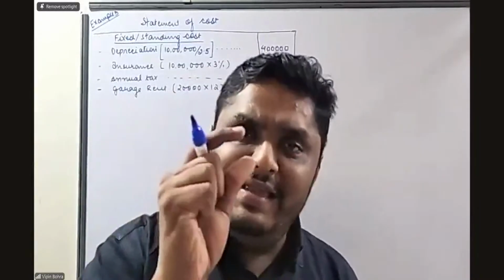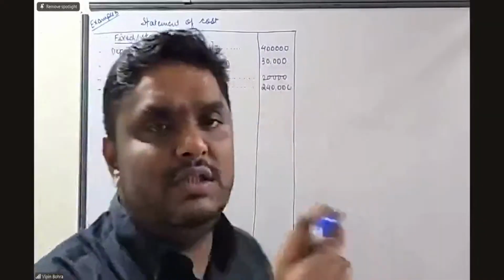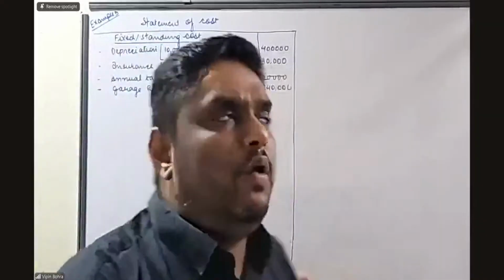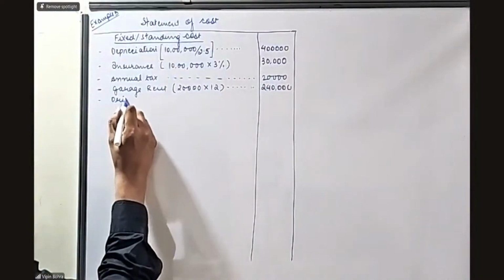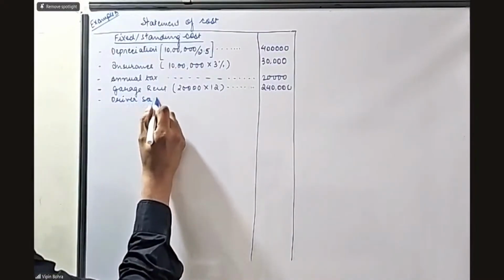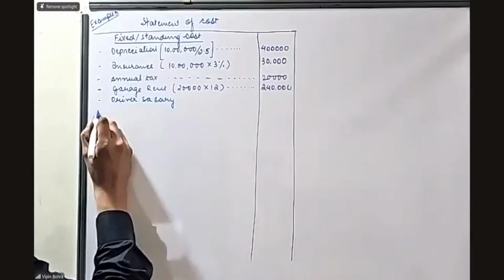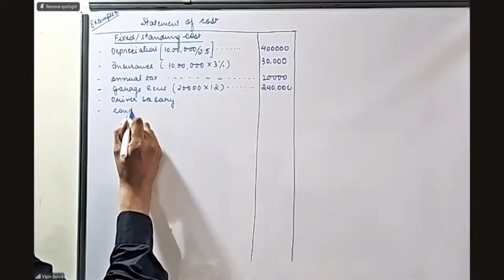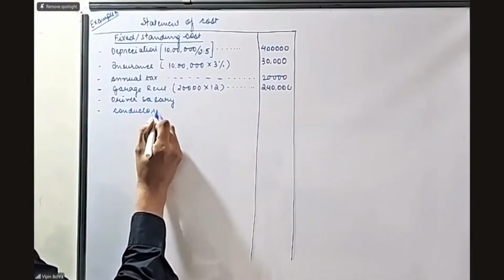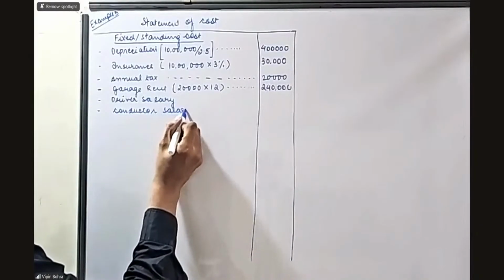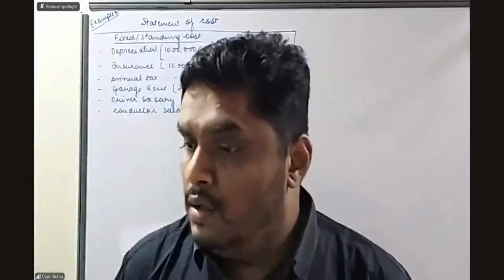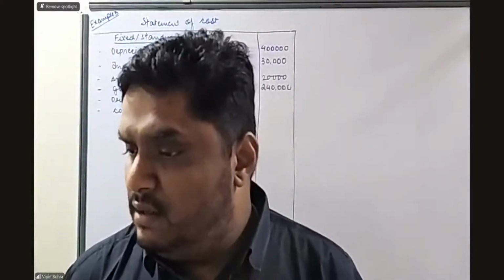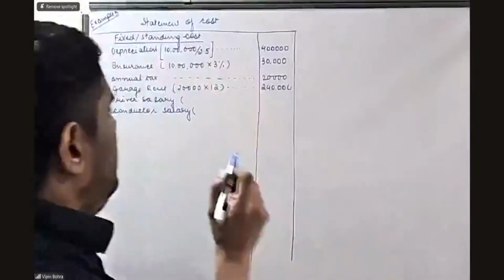So we will be taking the fixed portion in the fixed cost and the commission in the variable cost. So driver salary is 30,000 and 25,000 for the conductor.